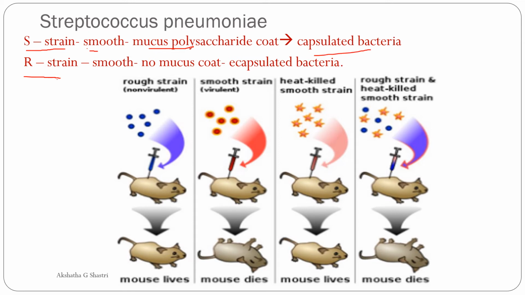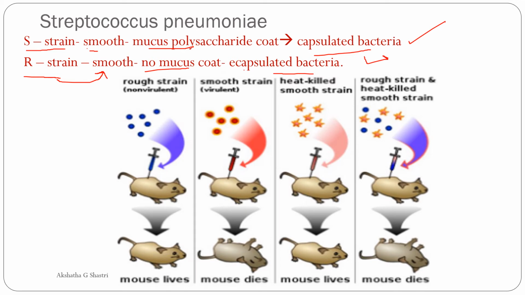And R refers to rough. Here there is no mucus coat, and hence we can call it an encapsulated bacteria. The S strain is virulent and causes pneumonia in mice, and the R strain is non-virulent, which does not cause any pneumonia in mice.